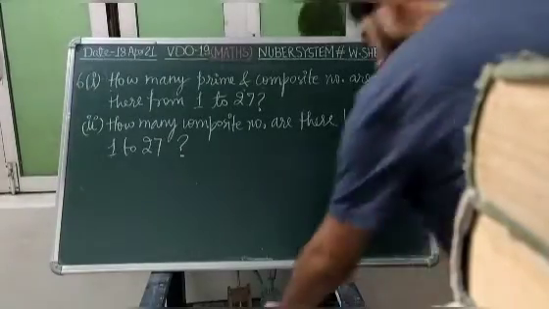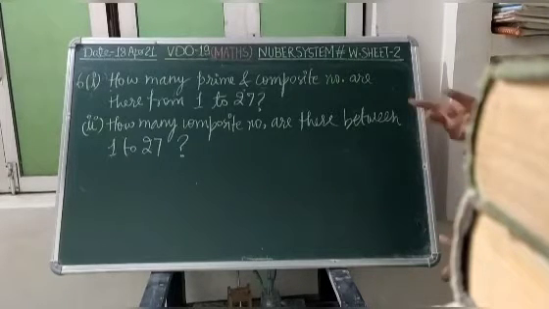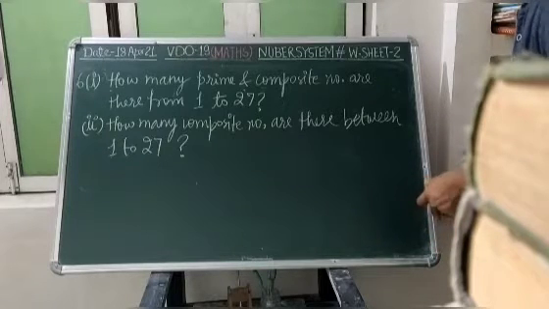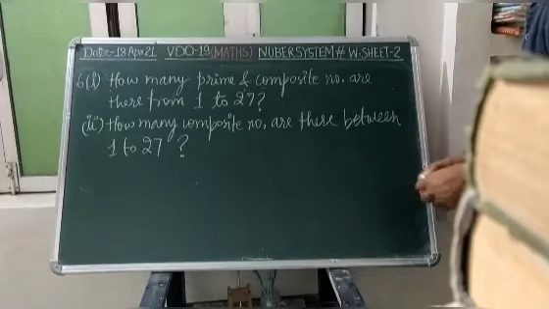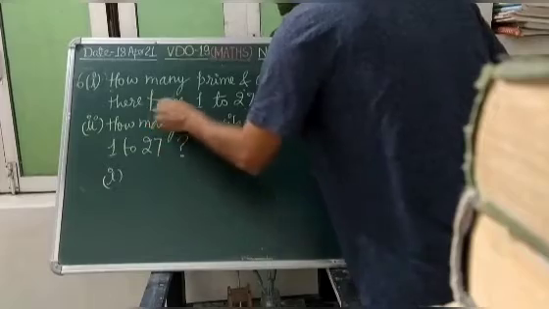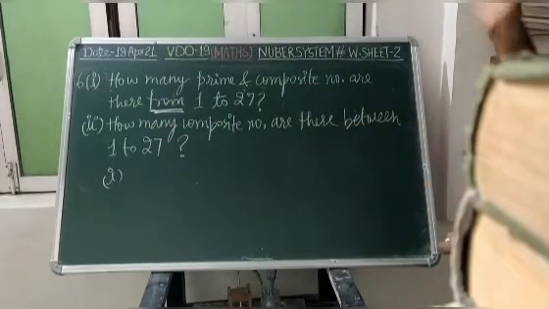Very quickly we will move to the next problem. There are two parts present in the sixth problem: how many prime and composite numbers are there from 1 to 27. So for the first part, they are saying from 1 to 27.